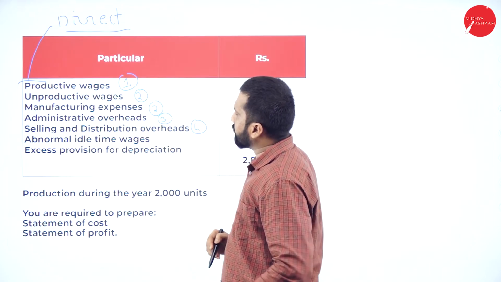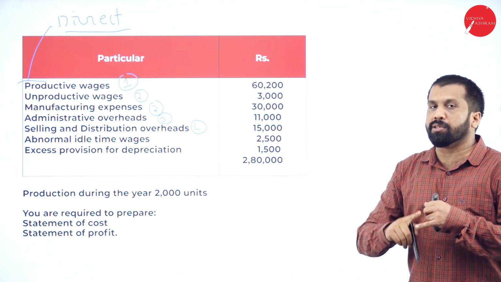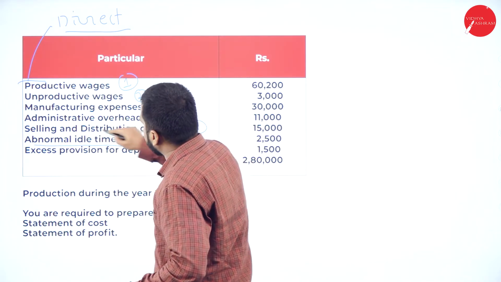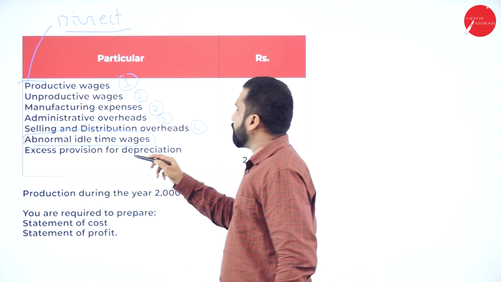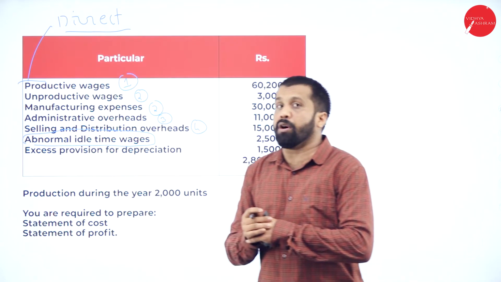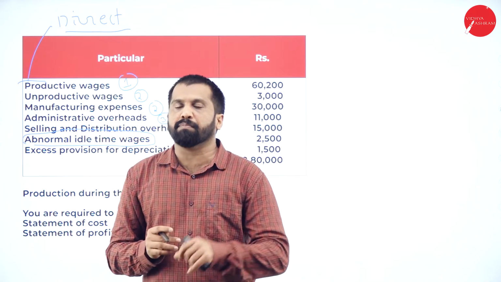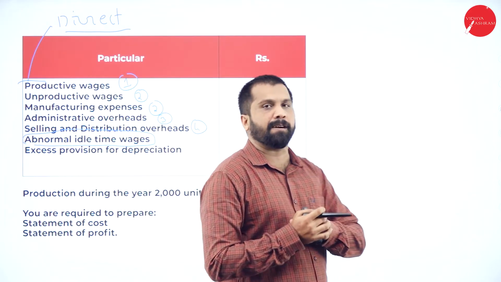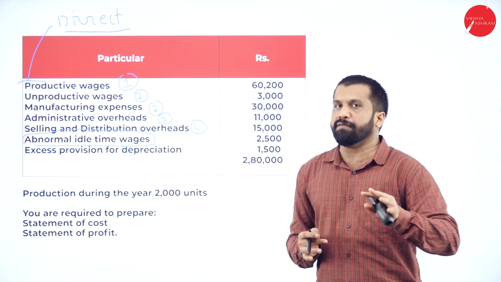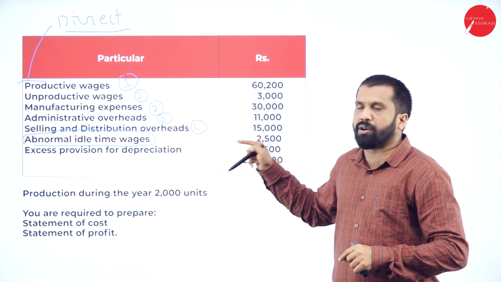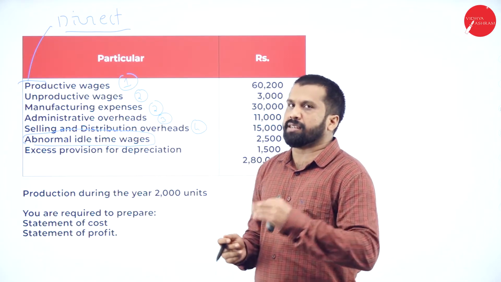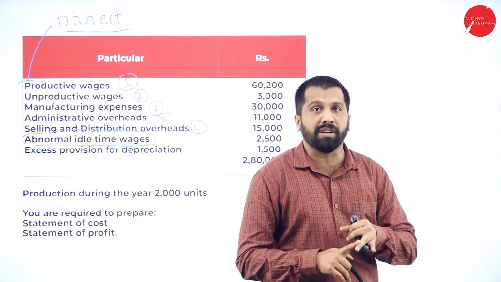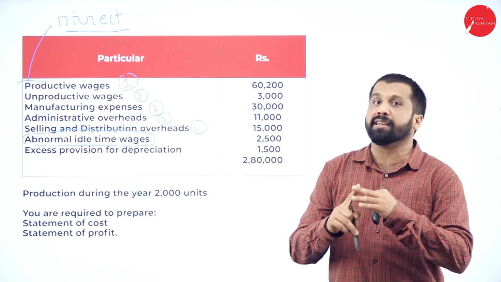Abnormal idle time wages. See, there are 2 types of losses, normal loss and abnormal loss. I'll come back to this abnormal loss with explanation. Now, excess provision for depreciation. Any provisions are financial items, and as I told you, few financial items we cannot consider in cost accounting, like interest on debenture, goodwill, dividends, income tax paid.